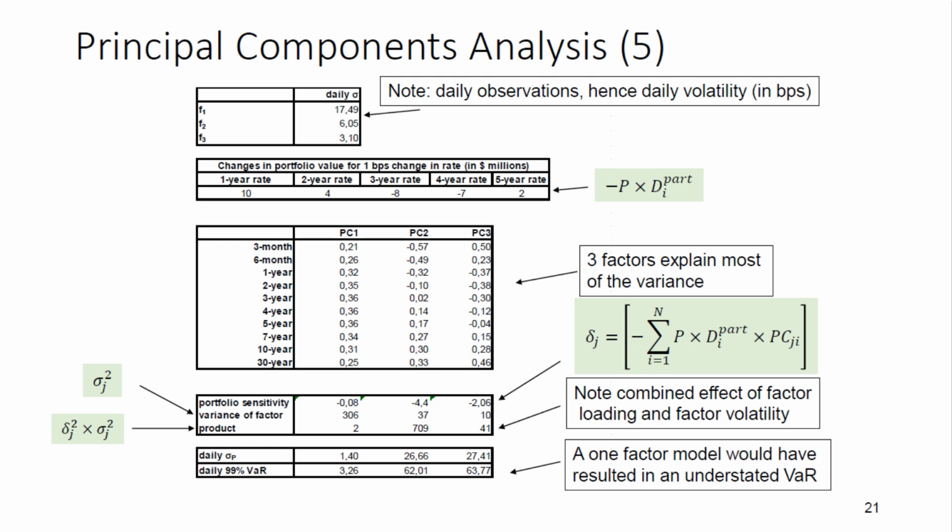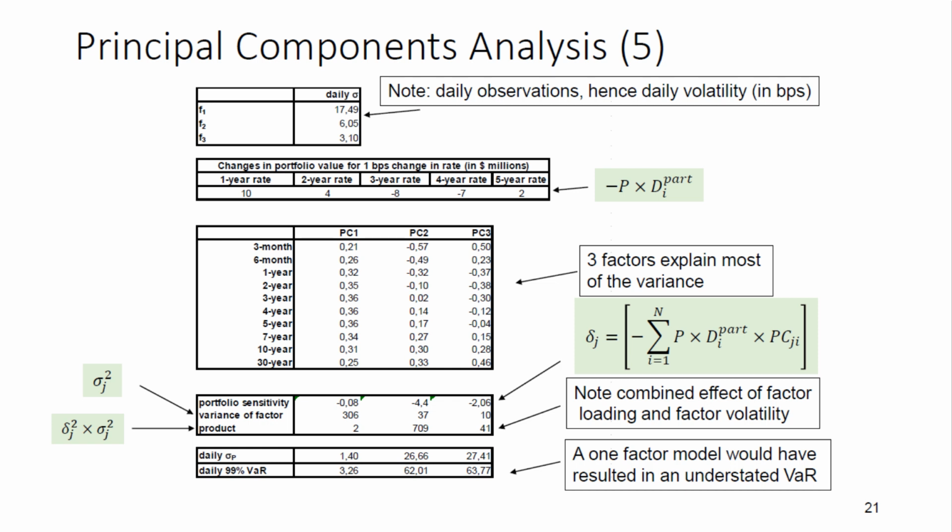That's the calculation that you do beforehand, where you determine the partial durations of all the bonds. You add them up, and then you multiply that with the portfolio value, and you put a minus sign. Then, since we only will be looking at 1, 2, or 3 factors, we only need 1, 2, or 3 principal components. So it's not all the principal components that are included.